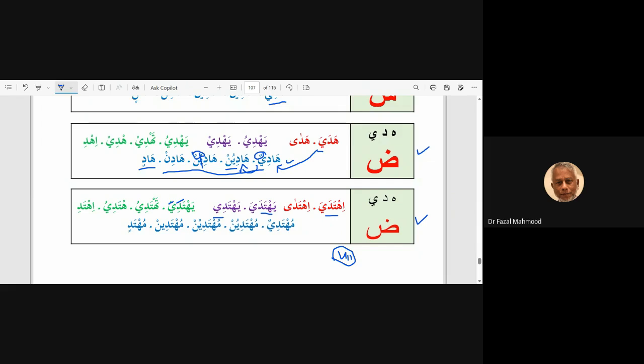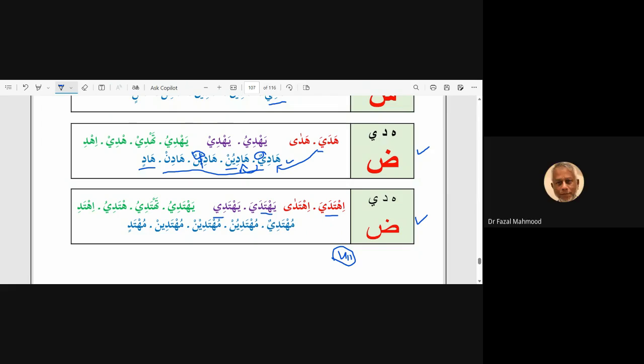One second, we will go through that now, and it will clear everything. I'm just checking the original. Ifta'ala yaftayu, yahtadiyu. So that form, this one is correct, but the other one is wrong.